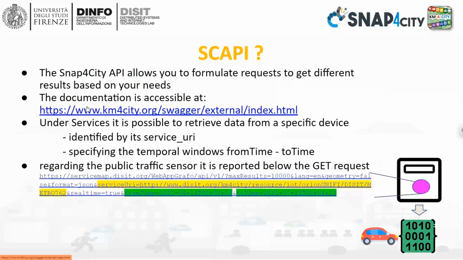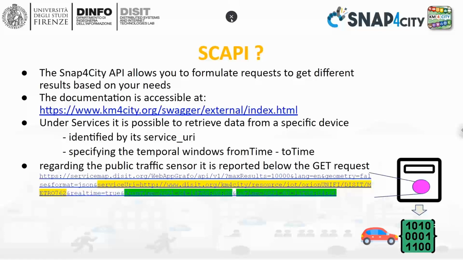However, under services there is the tool that we need for this workshop. We want to retrieve data from a specific device that we saw is identified by this service URI, and also we want to specify the temporal window from which time we want the data to start to which time the data we want to end.